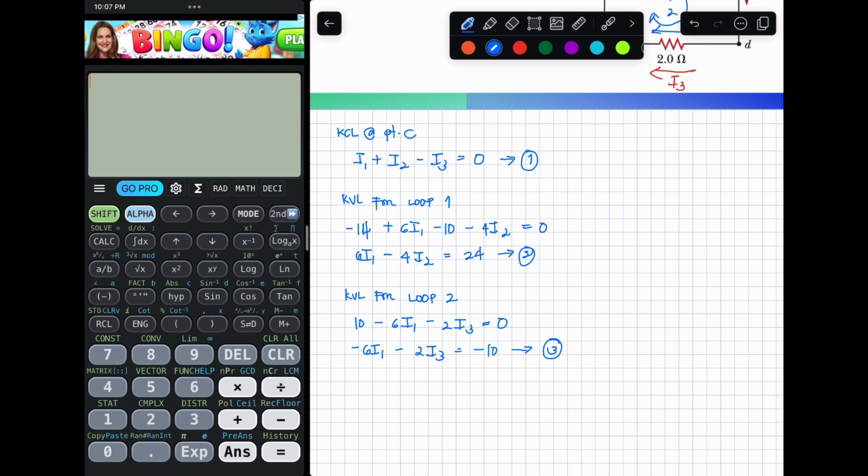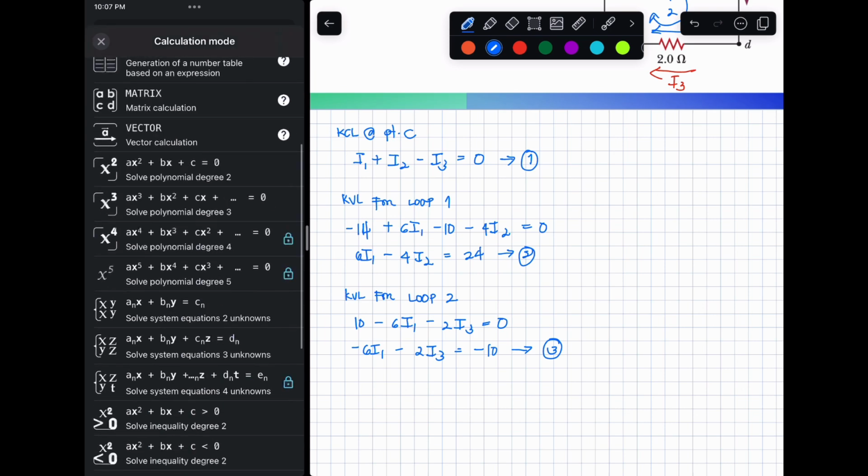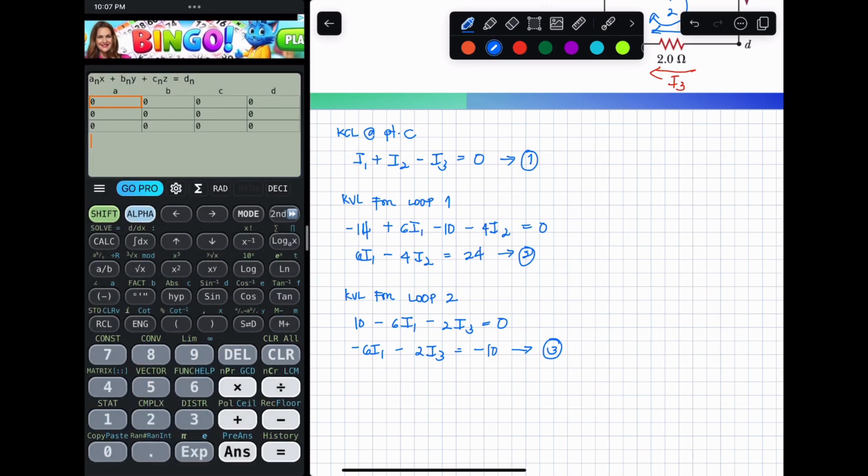So I can now use my calculator. Since I have 3 equations, you can use your mode 5. I think it's mode 5-3 if I'm not mistaken. For equation number 1, that would be I1, I2, I3, and the voltage source.